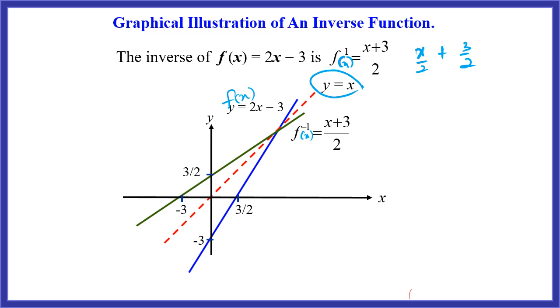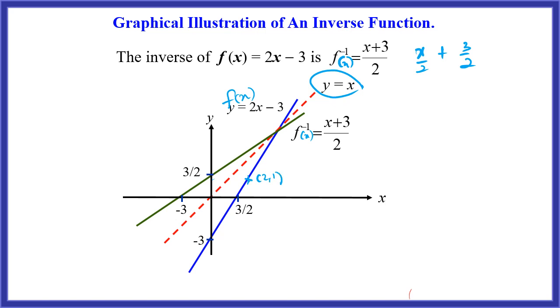Because it's reflecting, let's say for this point here, let's say this point here is (1, 2), and its reflection is (2, 1).